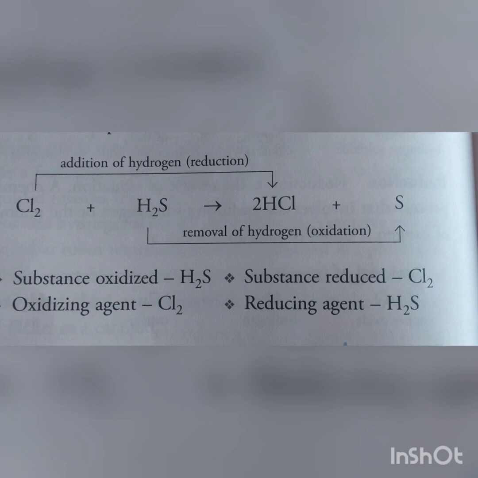So addition of hydrogen is reduction and removal of hydrogen is oxidation. And who is aiding in oxidation? Chlorine. And who is helping in the reduction? Hydrogen sulfide. So this is another example of a redox reaction. So reduction and oxidation take place simultaneously, and hence it is known as a redox reaction.